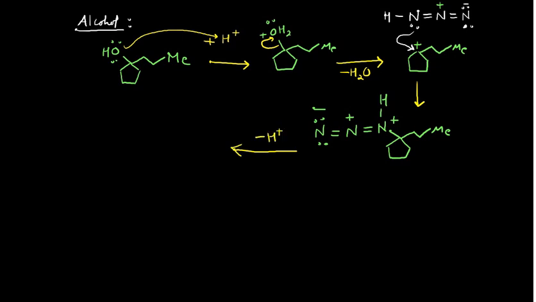Deprotonation would occur from this end and it will put this electron pair back on this nitrogen, and when this happens you end up with this species, your 5-membered ring, and this is your methyl group. This is now nitrogen, the proton has been removed, this is again nitrogen. So this would be positively charged, double bond nitrogen, and this is negatively charged.